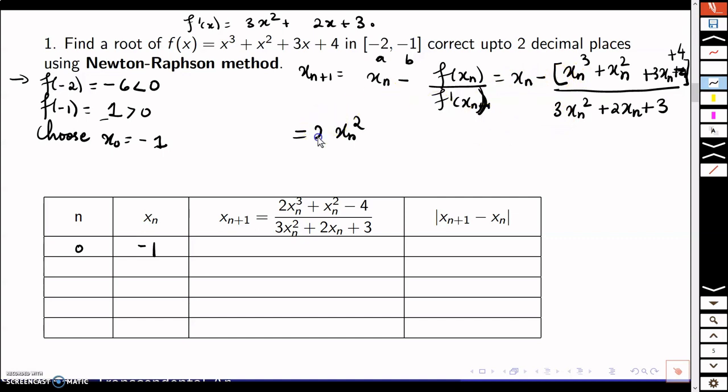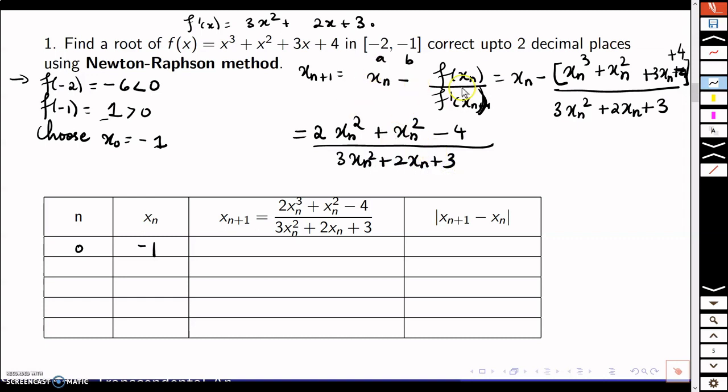Then 2xn square minus xn square, so that is going to be 1 xn square, so that's xn square. 3 into xn will be 3xn minus 3xn I have inside, so they will cancel out and I won't get anything there, right? And minus 4 I will have here, so that's minus 4 upon this term in the denominator, so that's 3xn square plus 2xn plus 3.